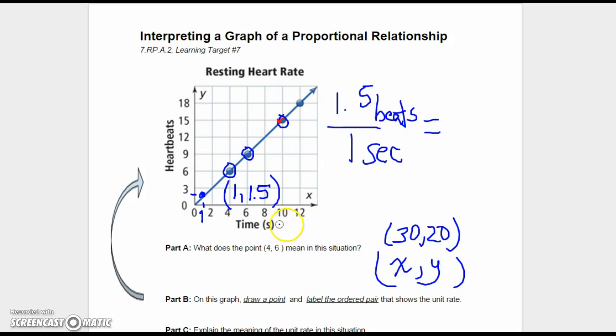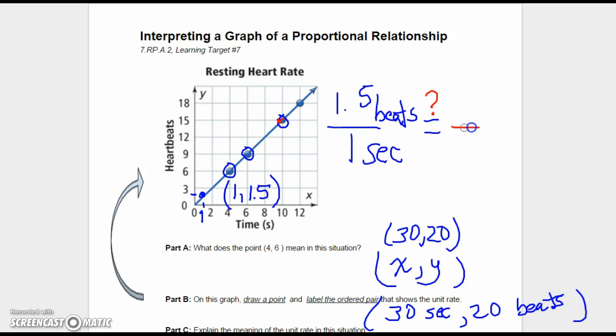So in this case, that 30 means 30 seconds, and 20 beats. So what we're asking here is 30 seconds and 20 beats. Is that equivalent to our unit rate that we know now? Or is it equivalent to any of these other points on the graph that we've created?